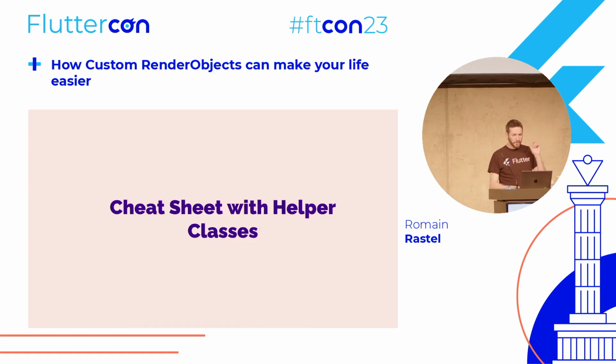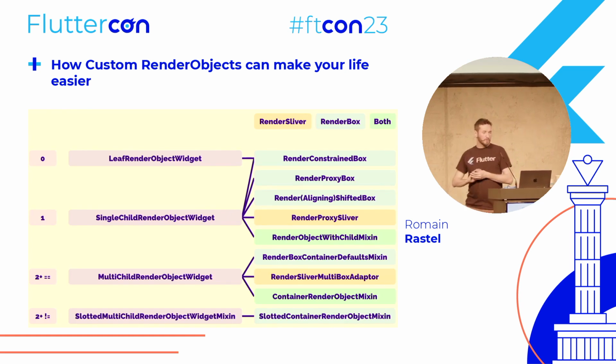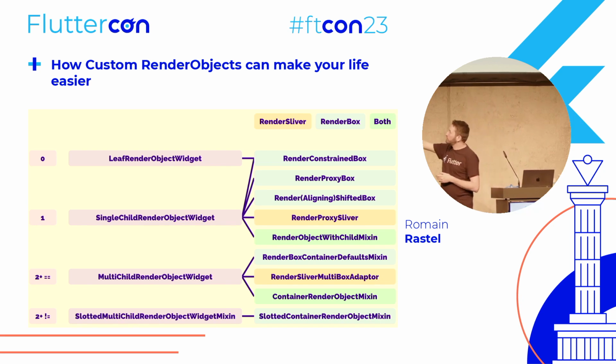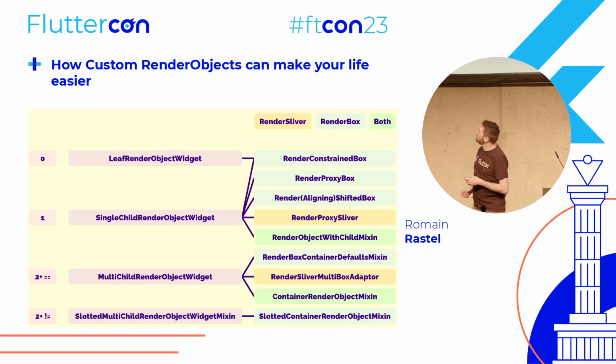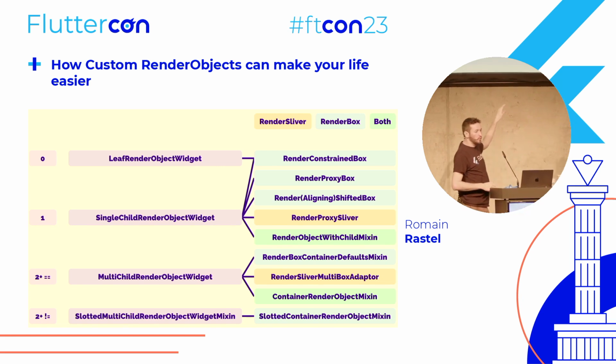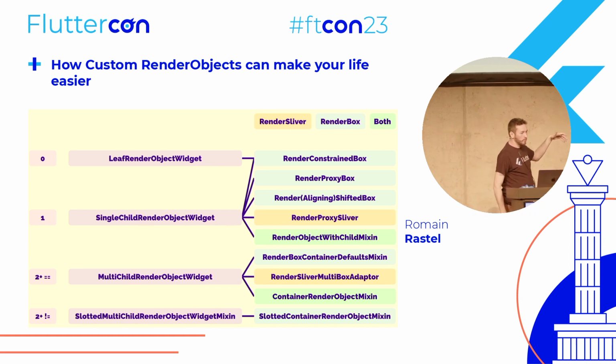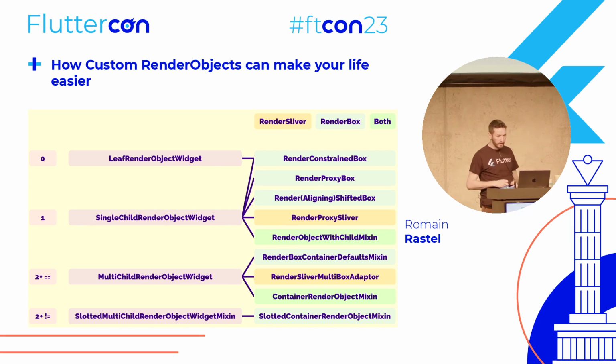I created a little cheat sheet that sums up what I talked about. On the left, you have the number of children, in the middle, the name of the render object widget you have to use, and on the right, I won't go into details, but there are some classes already implemented in Flutter that can help you to make your job easier. There are a lot of things here, and you can dive in if you want.